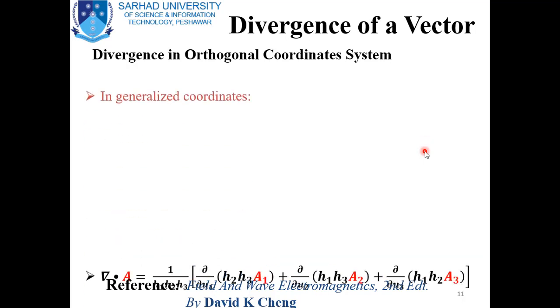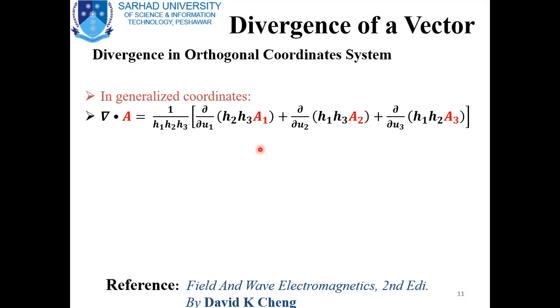In generalized coordinates, the divergence of a vector A can be written as del dot A is equal to 1 divided by h1 h2 h3 times del by del u1 of h2 h3 times the first component of the vector, which is A1, plus del divided by del u2 of h1 h3 times the second component of the vector, which is A2, plus del divided by del u3 of h1 h2 times the third component of the vector, which is A3.